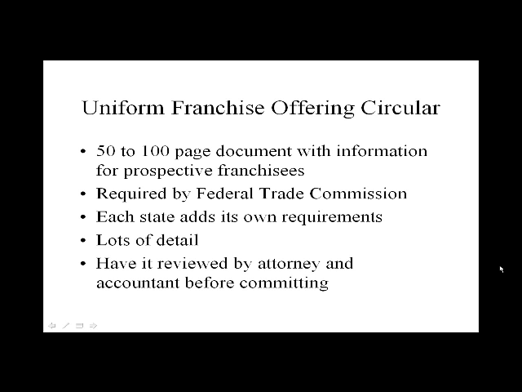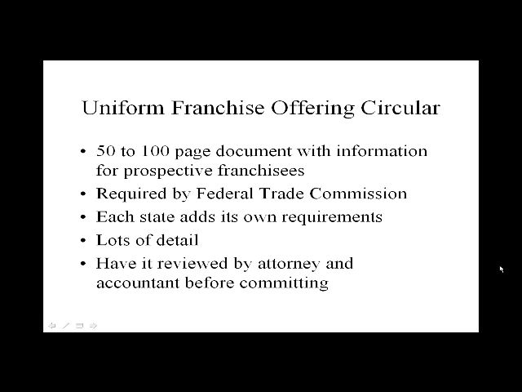Okay, one of the key pieces that you have to research is the offering document that the franchisor puts out, and it's called the Uniform Franchise Offering Circular, or UFOC. It is not a circular. It could be as small as 30 pages, but typically 50 to 100 pages.